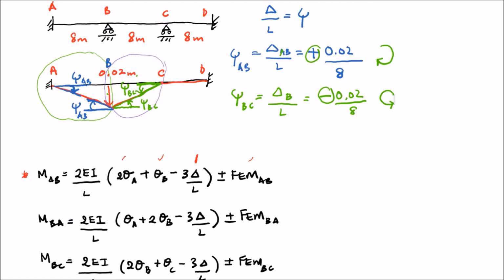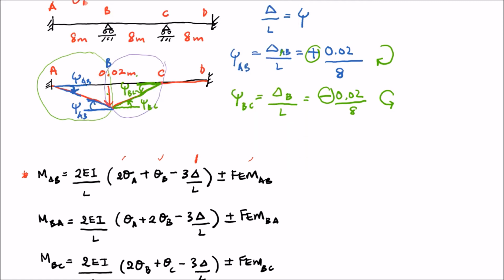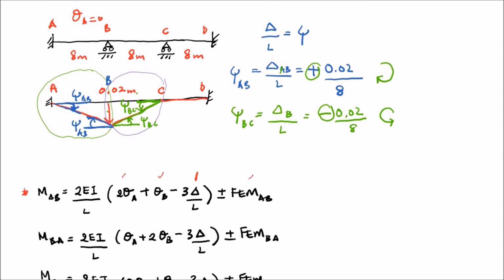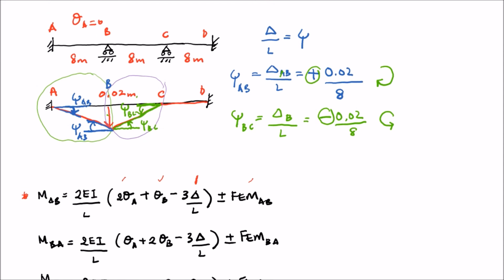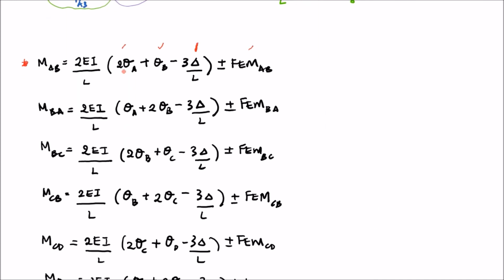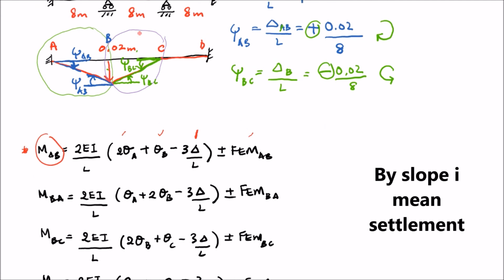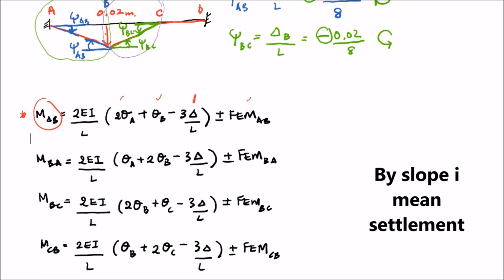If you see the degrees of freedom for this example, theta A is 0. Your degrees of freedom are only theta B and theta C, nothing else. If you use this slope deflection equation, the members where you have settlement are AB and BC, so these two will have a value.